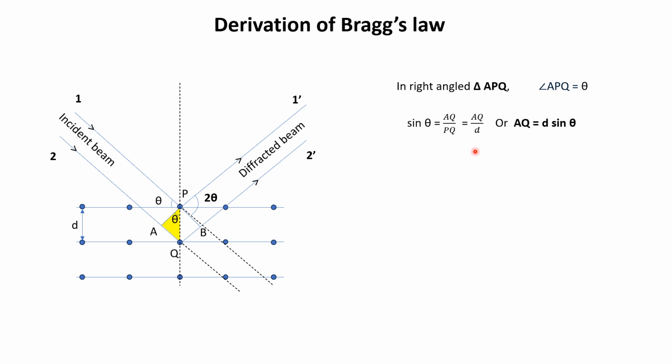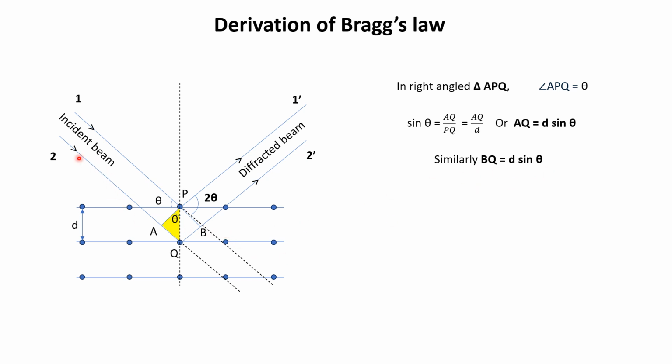So sin theta equals AQ divided by d, or we can say AQ equals d sin theta. Now a similar process can be followed in the triangle B, P and Q. Here we will obtain BQ equals d sin theta.